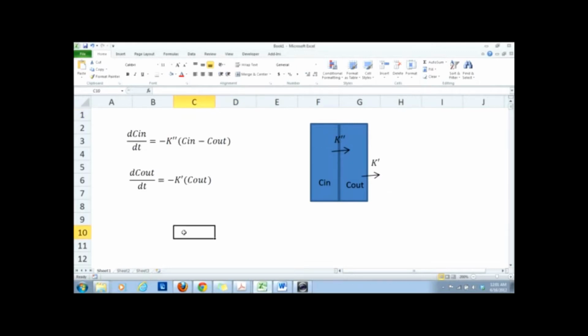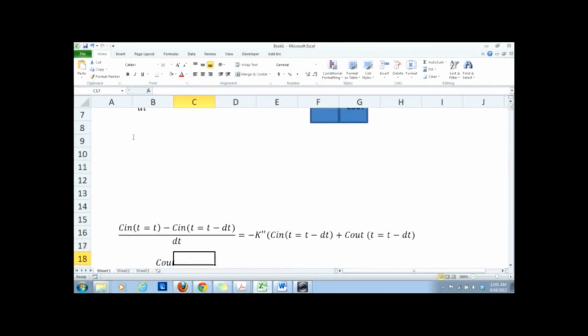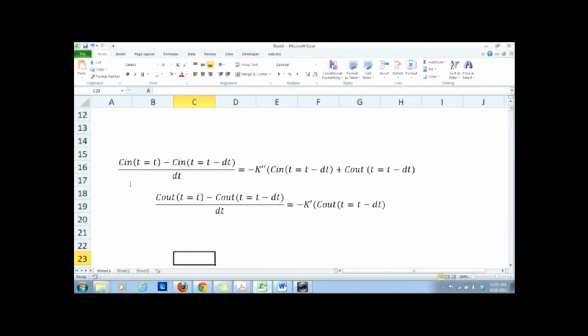To solve this differential equation analytically, we need to go to a very small time scale, and if we go to a very small time scale of dt, then we can rewrite this differential equation in this form. Instead of writing dt, I'm writing C in at t is equal to t minus C in at t is equal to t minus dt.